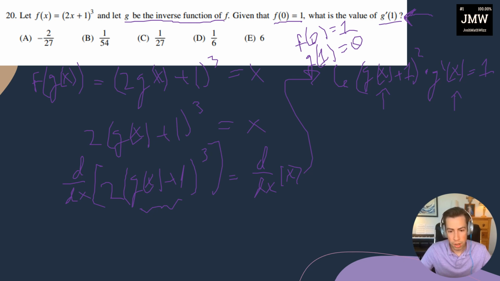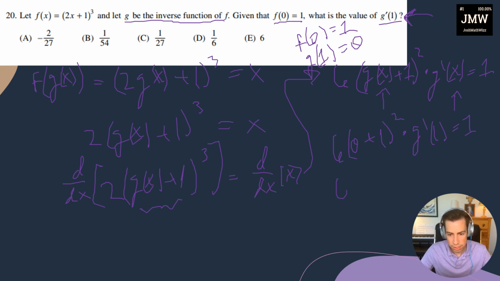So I'm going to get 6 times (g of 1, which is 0, plus 1) squared times g prime of 1 equals 1. So this is going to go to 0. No, I'm sorry, it's going to go to 1, so technically we can just ignore it.